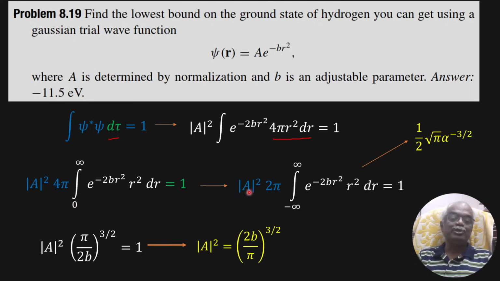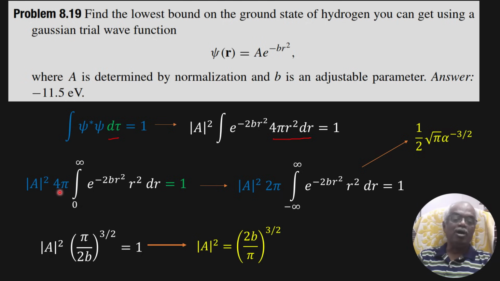In order to use the Gaussian integral, we have to change the limits from minus infinity to plus infinity. Naturally, if you take half of this integral, you get 0 to infinity.